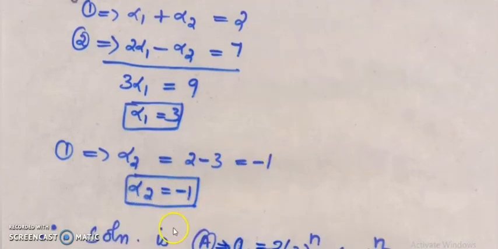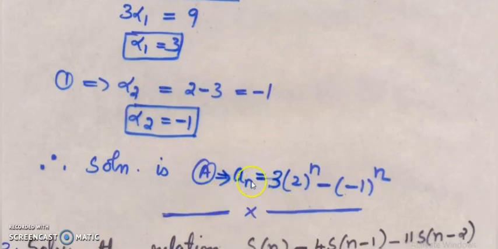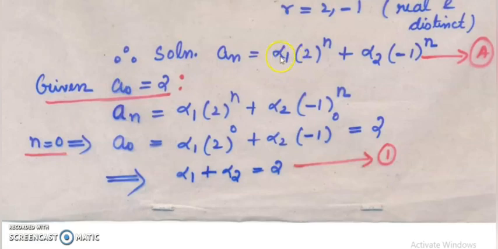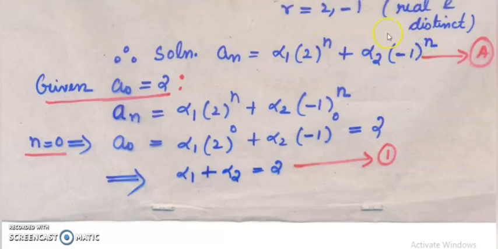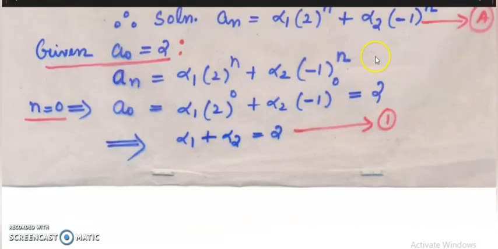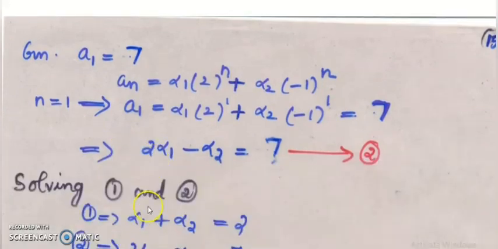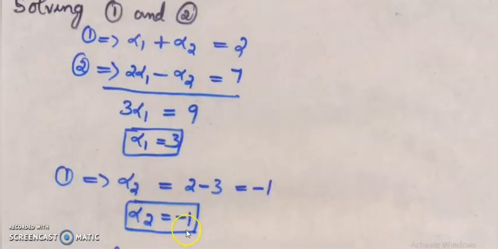After finding alpha 1 and alpha 2, we substitute them in the final solution, that is equation A: a_n is alpha 1 2 power n plus alpha 2 minus 1 power n. We used the initial conditions to find alpha 1 and alpha 2. Alpha 1 is 3, alpha 2 is minus 1.